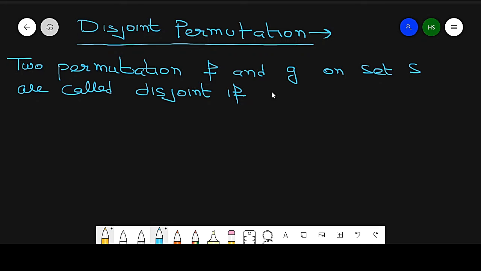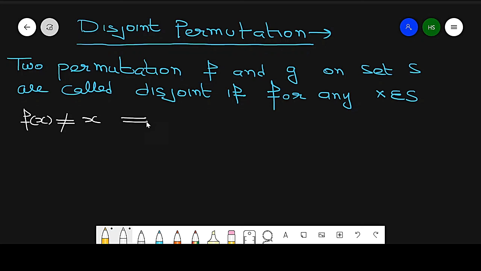Condition 1: if for any x belonging to S, f of x is not equal to x, it implies g of x is equal to x.